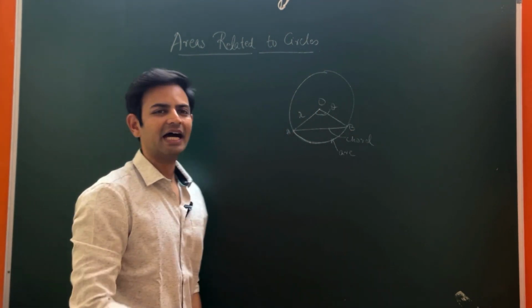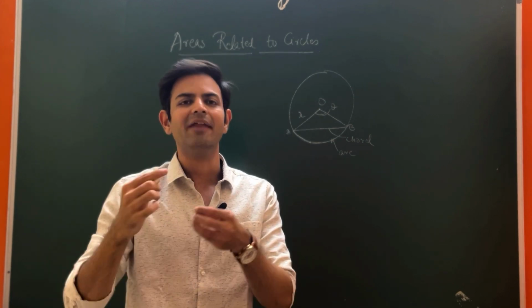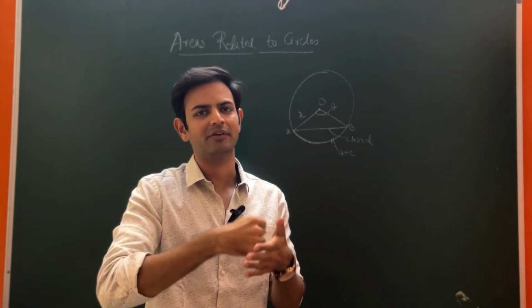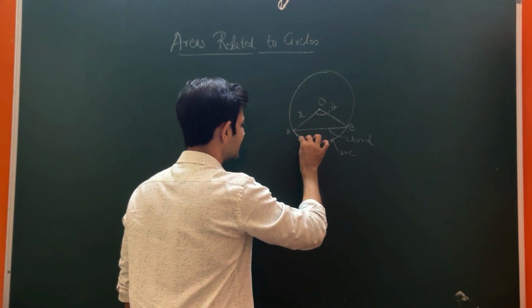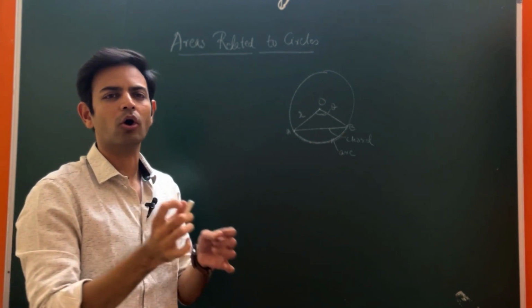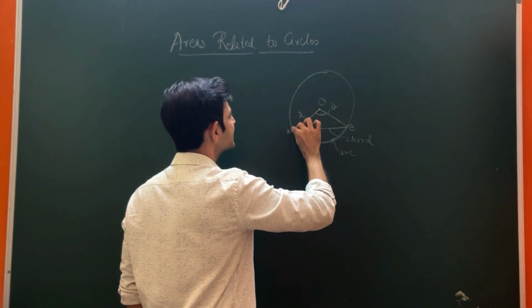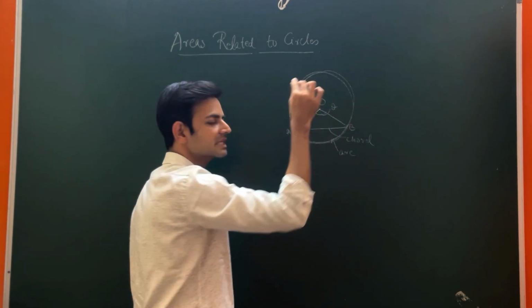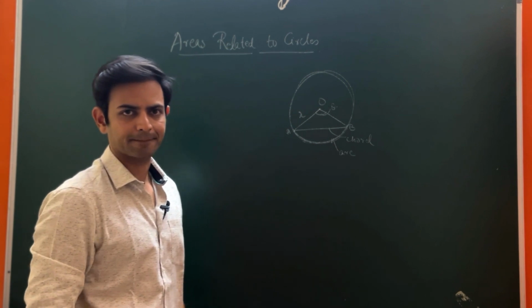When theta is less than 180, we call everything minor, and when theta is more than 180, we call everything major. So, in this case, this AB is called the length of the minor arc. This is the minor arc here, and this entire thing is the major arc because this angle is more than 180.